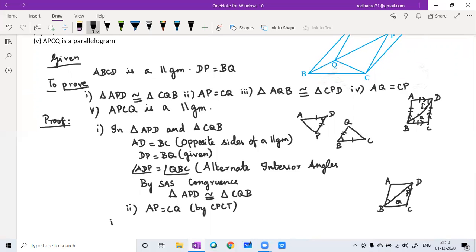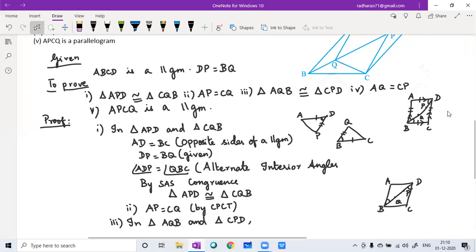So using that, we are going to prove the third one. What is the third proof? Triangle AQB should be proved congruent to triangle CPD. So in triangle AQB and triangle CPD, we can say the alternate interior angles are equal, right?